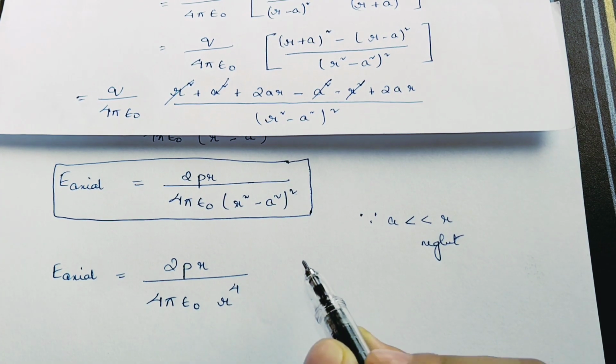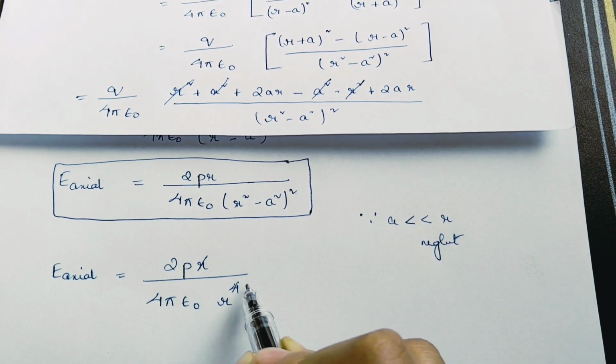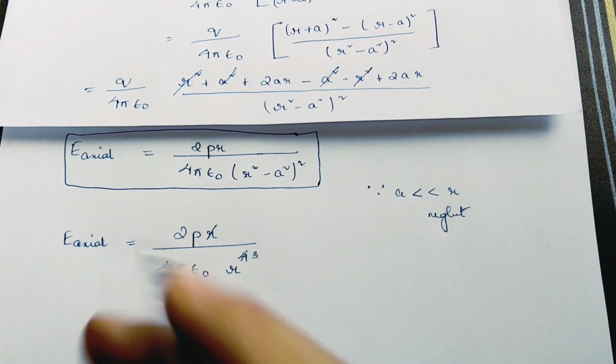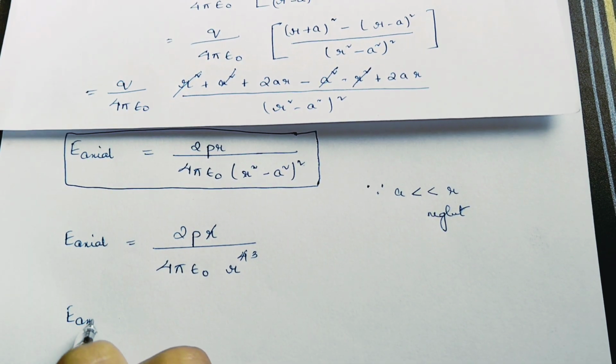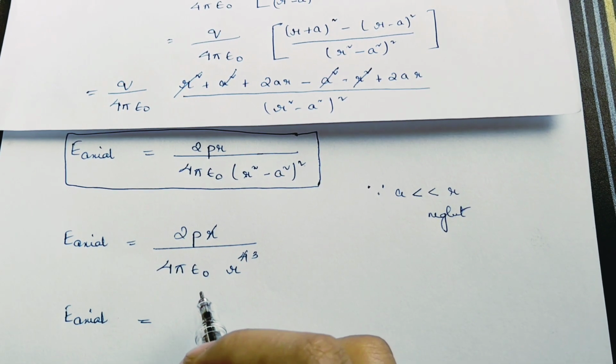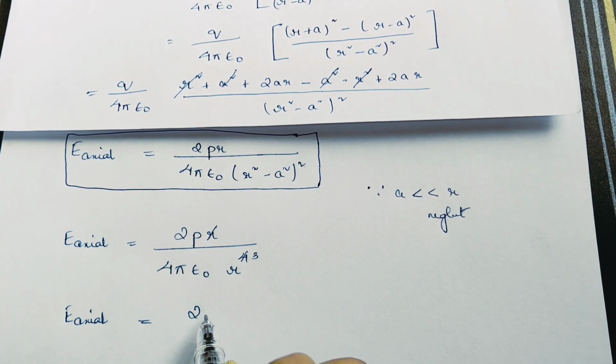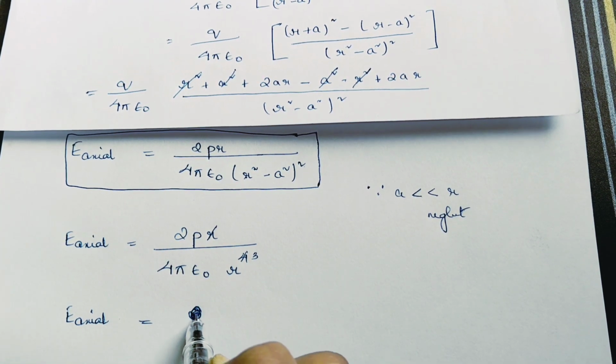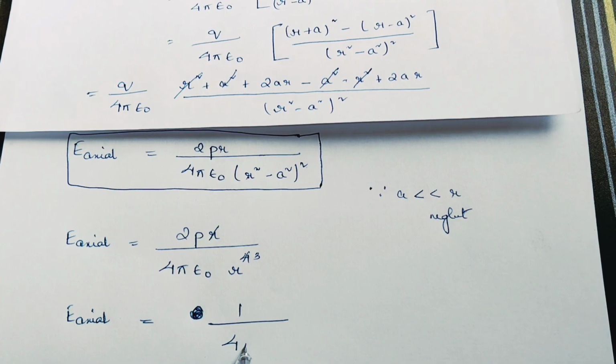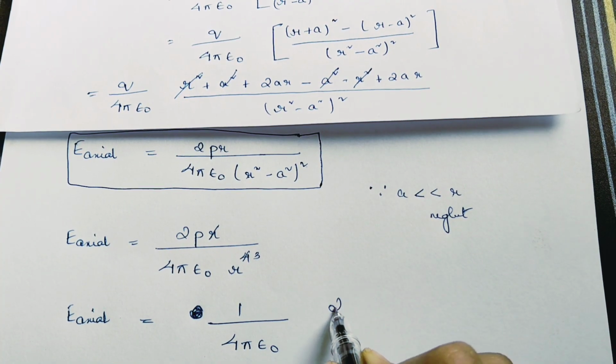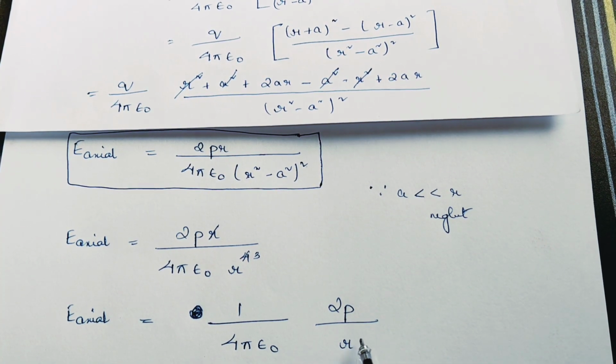Since a is neglected, r and r get cancelled, and we're left with r cubed. So this is the final equation: E axial is equal to 1 by 4 pi epsilon naught times 2p divided by r cubed.